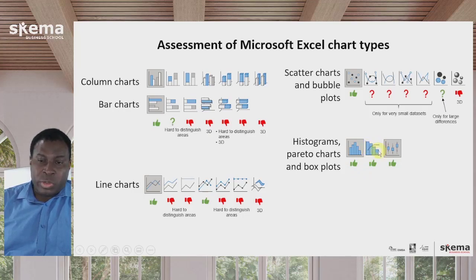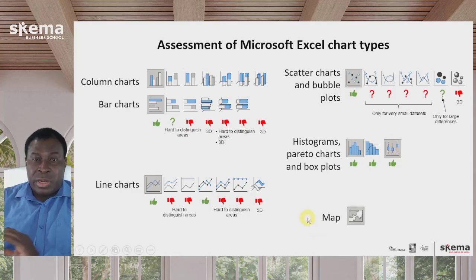It has a sorted column chart, a cumulative column chart, and a line chart, which is a cumulative frequency polygon, which displays information in very effective ways. Box plots use one of the key effective components of displaying distributions, and displaying multiple distributions in a very small amount of space in a very meaningful and intuitive way.